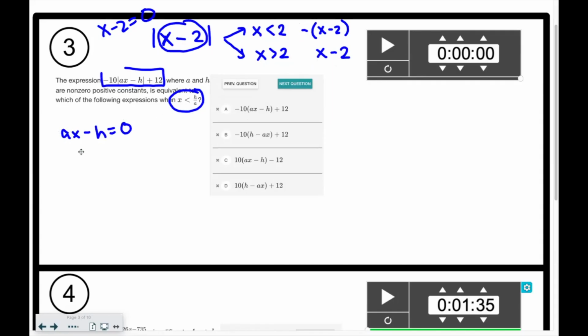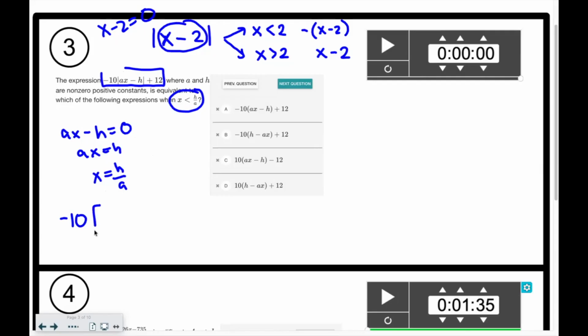and set it equal to 0, we would get h over a, okay? And numbers less than this are going to make this negative, and numbers greater than this are going to make this positive. So we're really just focused on the fact that, so we have our -10. Then we're going to take the negative of this.